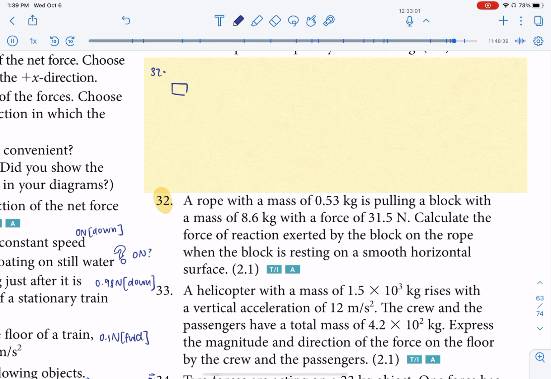So if we use the profile view to generate our free body diagram, we have our normal force sticking out of the cage. They're on the wall, so it goes sideways. We have the force of gravity going down. Gravity always goes down.